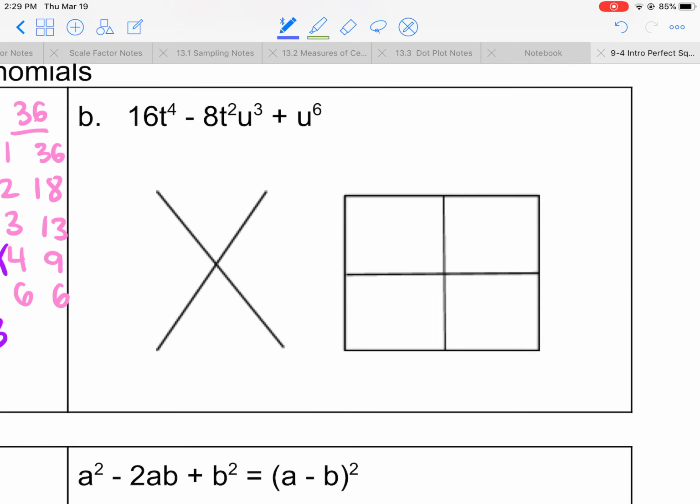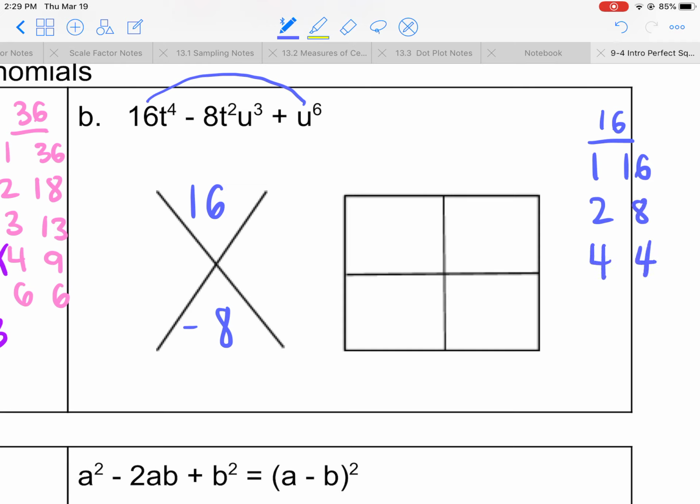So the first thing that I do is multiply my first and last term coefficients. 16 times 1 is 16. And I bring down my -8. And then I want to find the factors of 16 that add up to 8, which ends up being 4 and 4. They have to be negative because my middle term is negative.